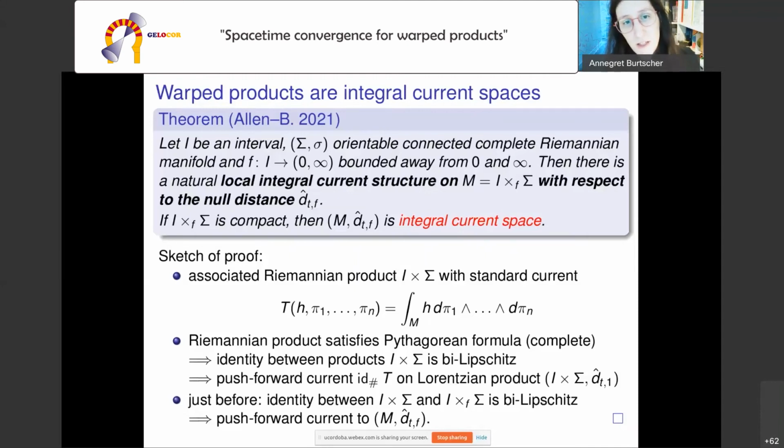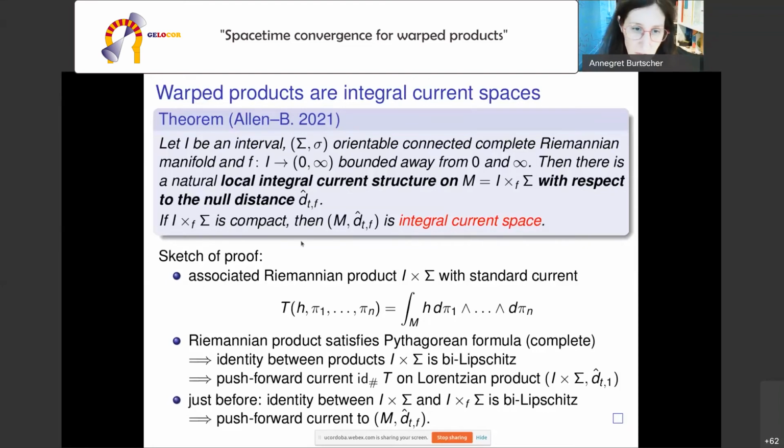And then we can show that there exists a local integral current structure with respect to the null distance that you have in this case. And if the manifold is compact, then you get an integral current space. So these are slightly two different notions depending on whether you have compactness or not. Just like you have Gromov-Hausdorff convergence and pointed Gromov-Hausdorff convergence in the non-compact case, you have to distinguish these settings.